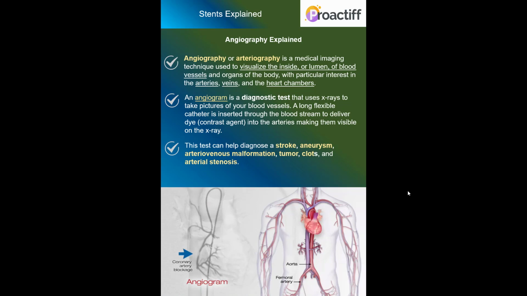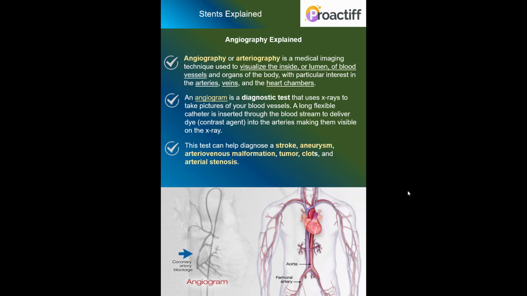The angiogram is essentially a diagnostic test similar to X-rays to take good pictures of the blood vessels, and a long flexible catheter, as you have seen in the earlier picture, is inserted through the bloodstream to deliver the dye, the contrast agent as it's referred to, into the arteries, making them visible in the X-ray.